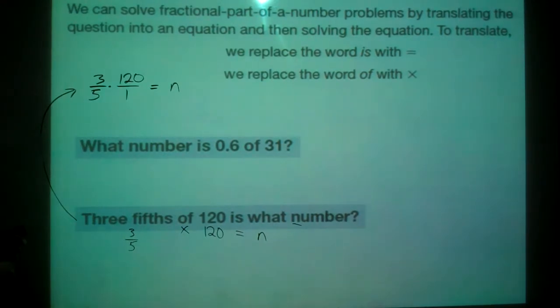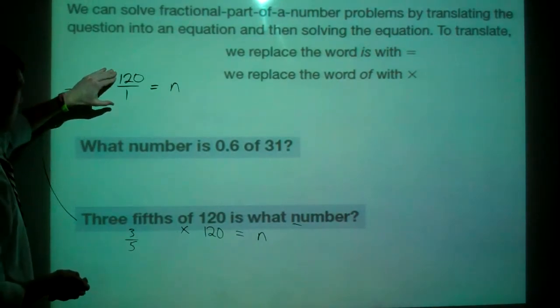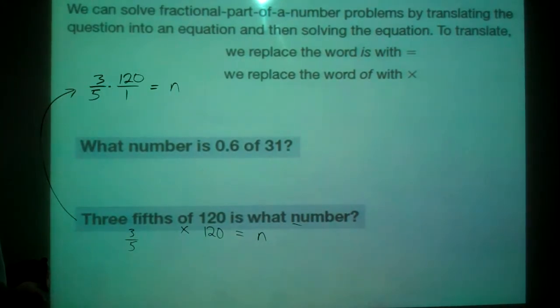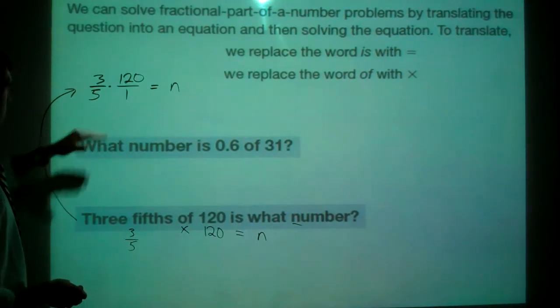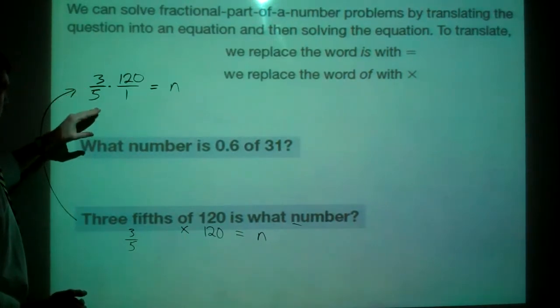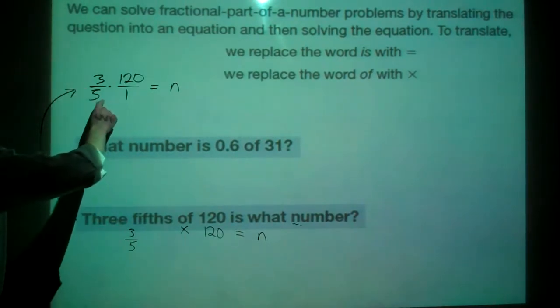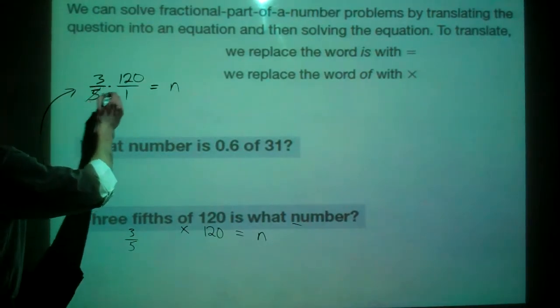Alright? So we could go ahead and do this. If we multiplied straight across, we could do 3 times 120 is 360, and then divide that by 5 times 1. So 360 divided by 5, that's one route we could go. We could cancel out because I know 5 and 120 both have a 5 that go into them. So let's see what comes out there.